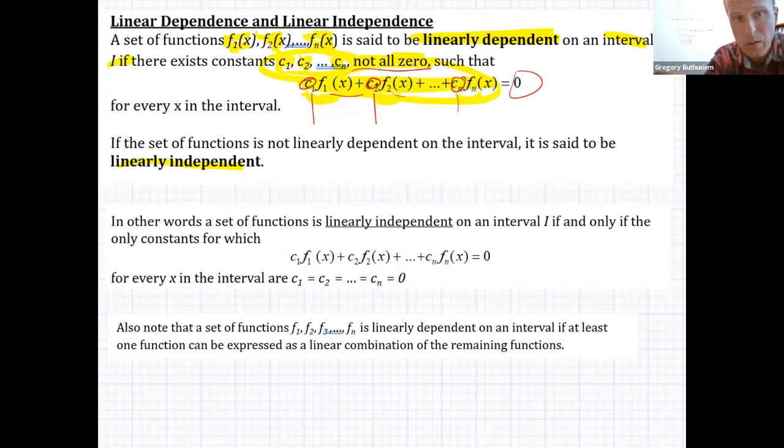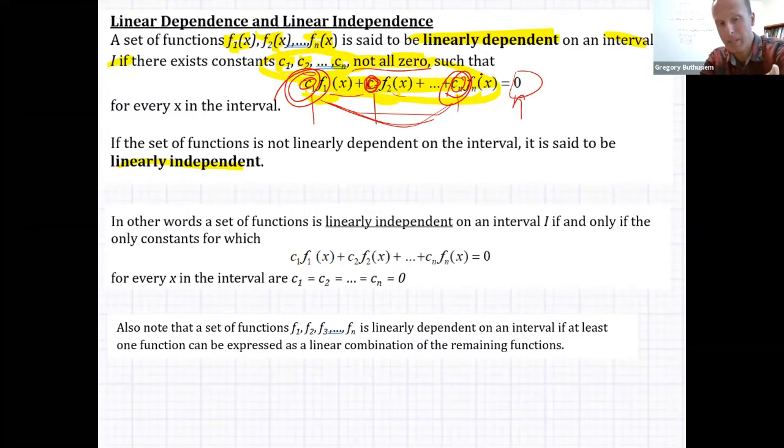So let's say C2 is 0, but not C1, not Cn, but still I can find a bunch of these constants so that I can get it all to 0. That's okay, they're considered linearly dependent. But not all of them can be 0, because you could do that for any set of functions. You could multiply every single one of them by 0 and add them together, and of course you're going to get 0. But again, if we can't do this, then we say that they're linearly independent.